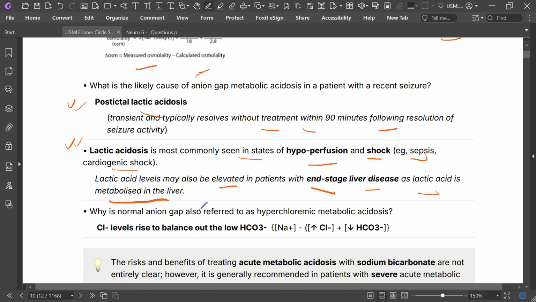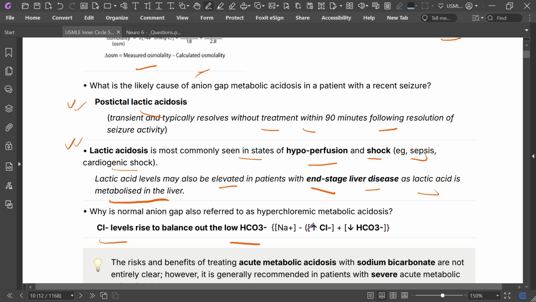Why is normal anion gap also referred to as hyperchloremic metabolic acidosis? Because chloride level rises to balance out the low bicarbonate.